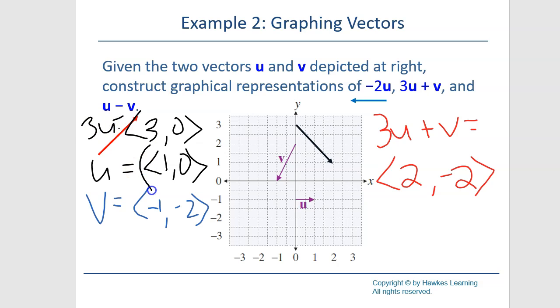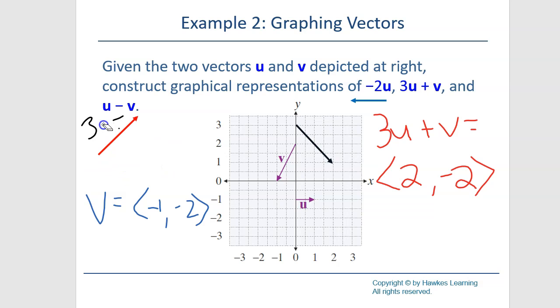And then combine this and this, I get 3 plus negative 1 is 2. 0 plus negative 2 is negative 2. Literally all we have to do with these is, it's like order of operations. We just multiply this vector by that number. All the components, all the numbers we see, we multiply by that number, and then we add component-wise, like x to x, y to y.